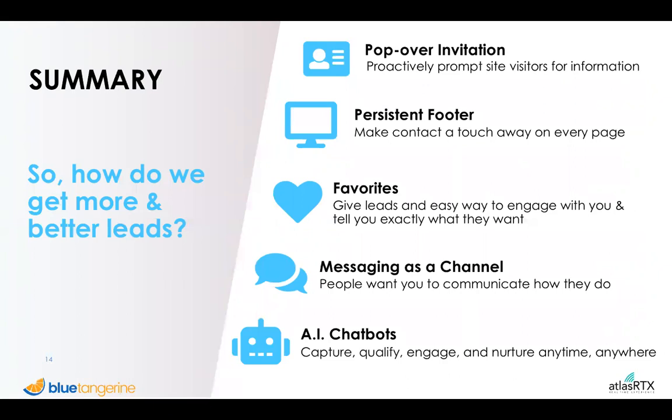We can take advantage of messaging as a channel so that we're putting our information where people already are and where they're already comfortable communicating. And then we can make those channels even more responsive by using AI chatbots to do a lot of that information capture and qualification and engagement that can happen anytime, anywhere, and as we mentioned, in any language.